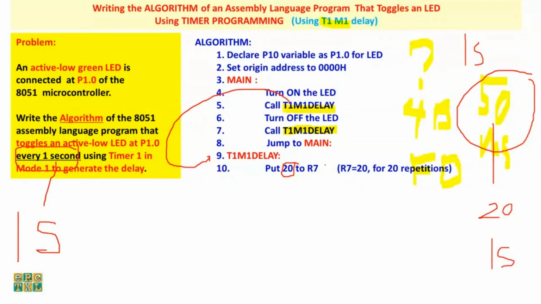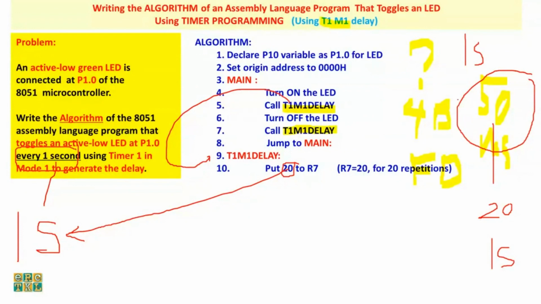How long is 20? 1 second. 20 times 50 milliseconds will be 1,000 milliseconds, that's 1 second. That's why we multiply by 20.